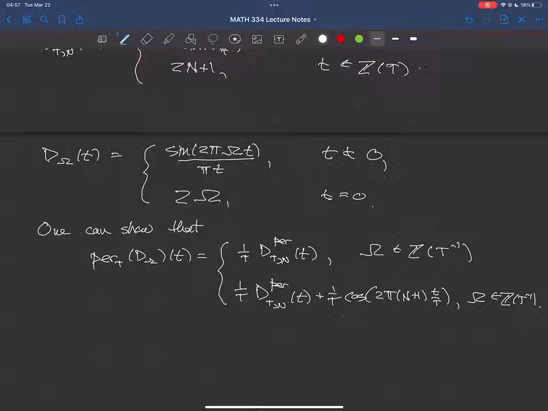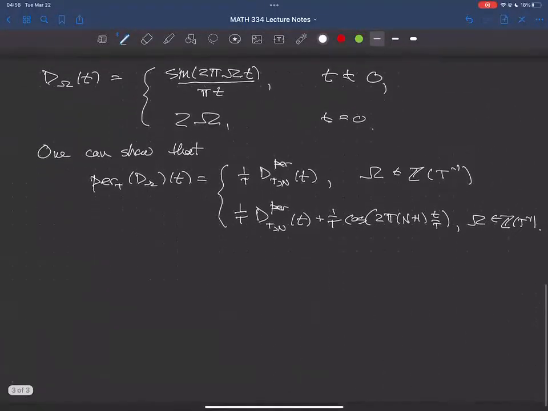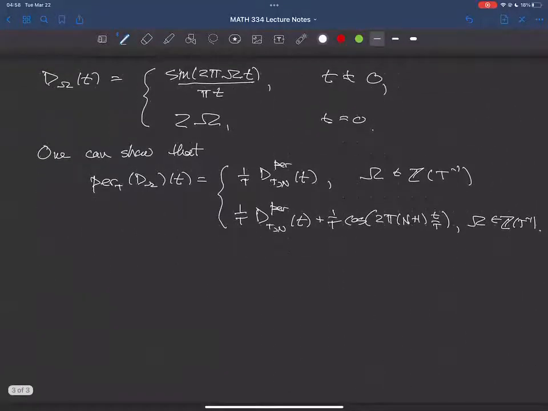So to prove this formula is a bit of a tedious exercise using contour integration, but you can do that. Okay, and so there's other things I wanted to say about the Dirichlet kernel.